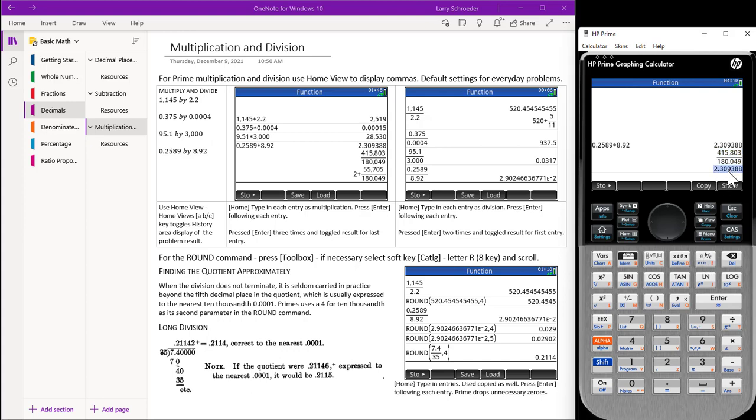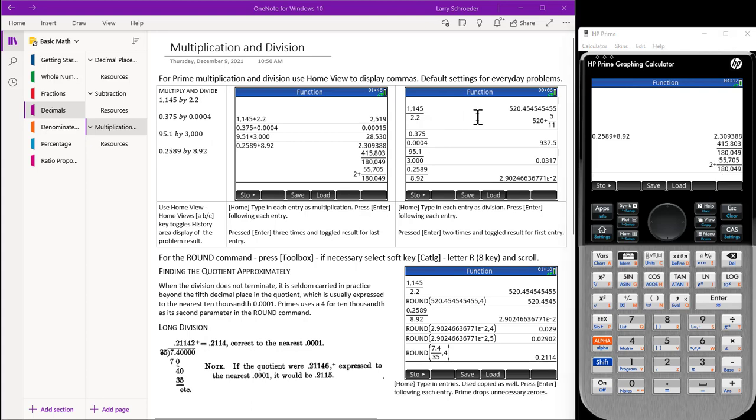If I highlight the third one and press the ABC button, it switches it over to a mixed numeral. Not very useful for this type of problem. But when we start using our calculator with some smaller decimals and fractions, there are some advantages to sometimes displaying the answer in its fractional form.